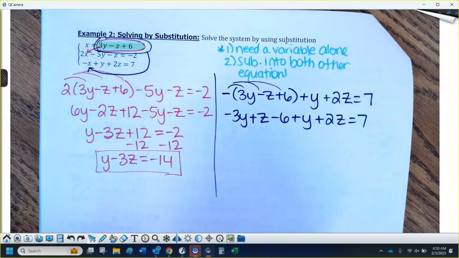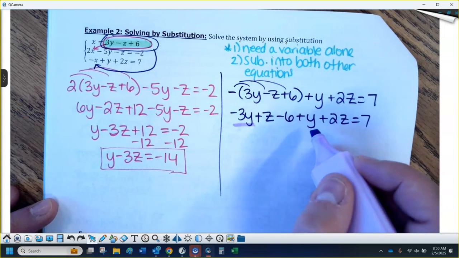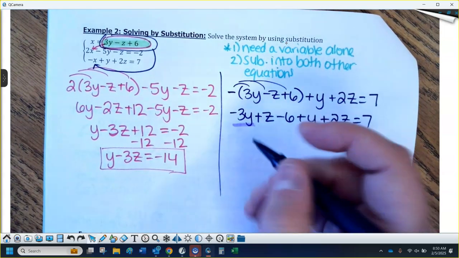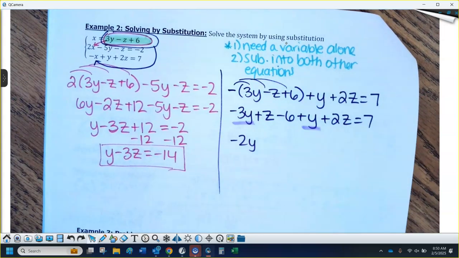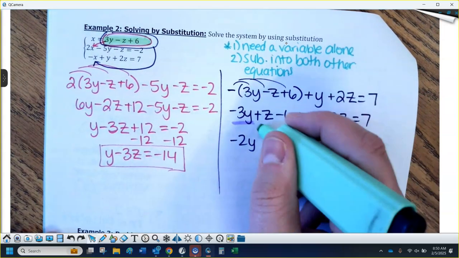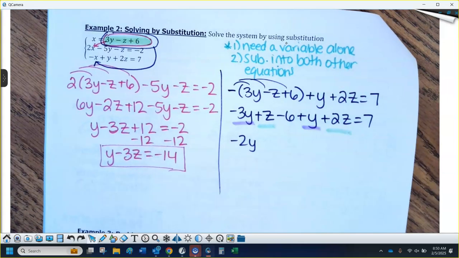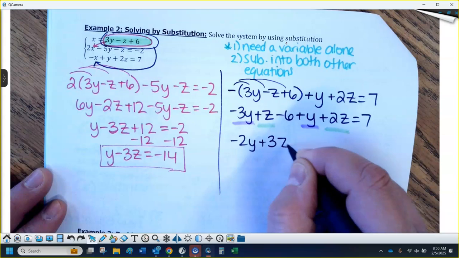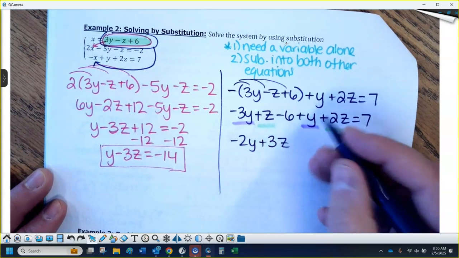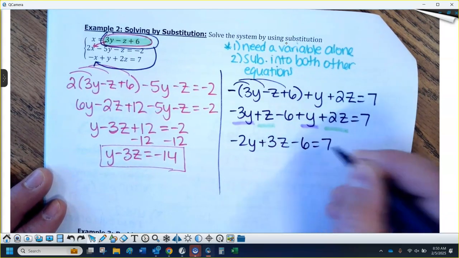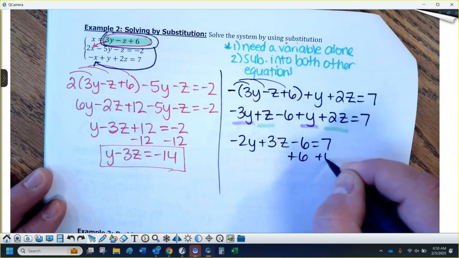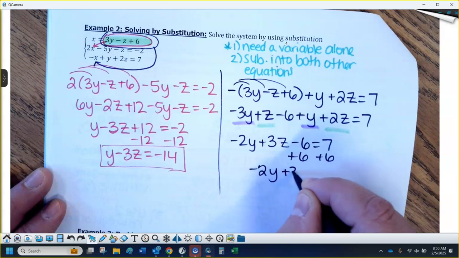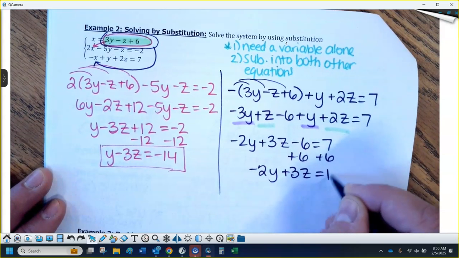I've got the negative 3y and a positive 1y, so all total, on the same side of the equation, this would be negative 2y. I've got 1z and 2 z's here, so I have 3 z's, and then I had a negative 6, which I would add to the other side to make it look more like the equations we've been working with in some of our other systems.